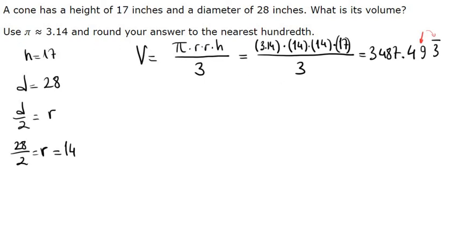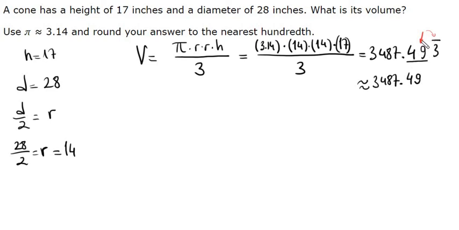That means the answer is going to be approximately 3487.49. Okay, because if the next number is less than 5, we just don't do anything right over here. That's going to stay as 49.